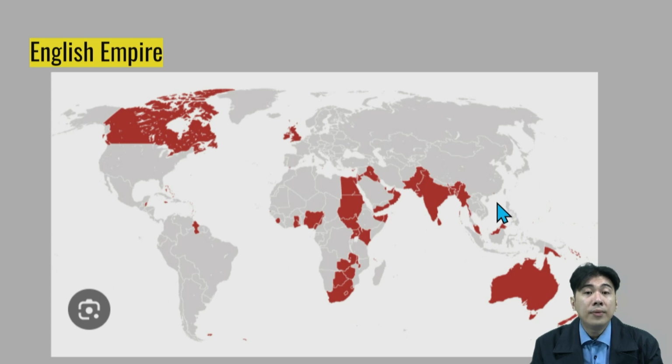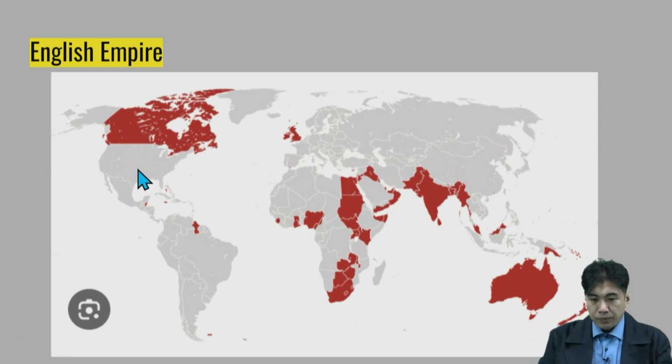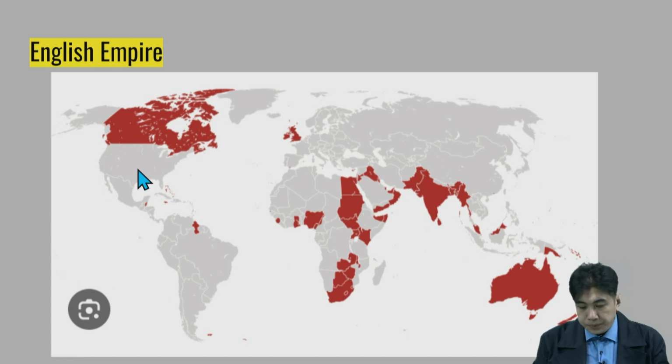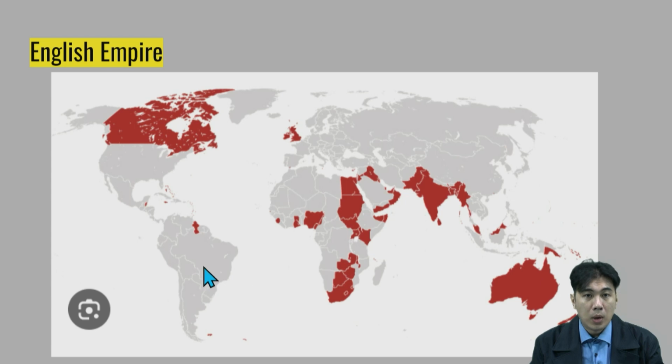All of them are English-speaking territories, countries, cities. Hong Kong was that part of China that they took, and of course Canada. Again, this is the British Empire. I put this up to show you how big it was.